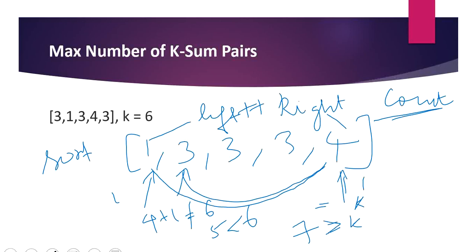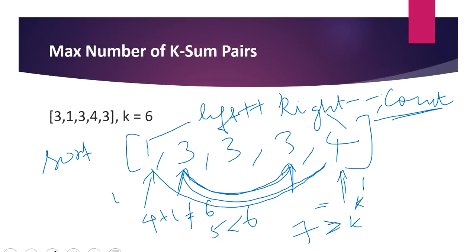In that case, we need a lesser element to be added because the value is higher than k. So I'm going to move the right pointer towards the lesser number, decrementing the right pointer and moving it to 3. Now the left pointer is at 3 and the right pointer is at 3. We are adding 3 plus 3.